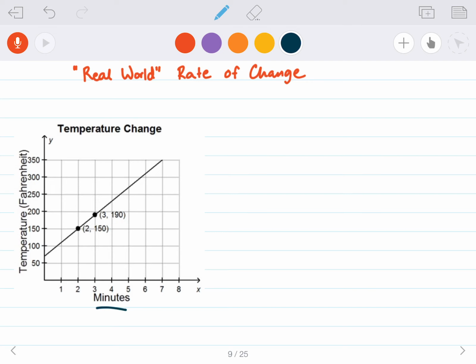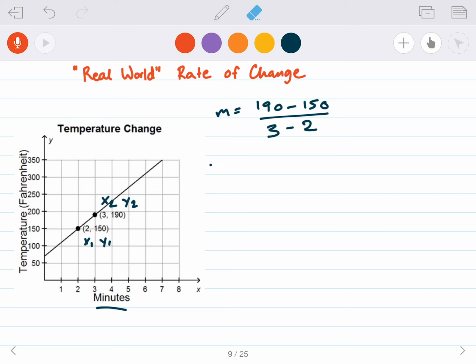Now, to figure out the slope, you can just see what 190 minus 50 is, and see what the difference between 3 and 2 is. Or you can use the formula. If I call this point x1, y1, then I'll call that one x2, y2. Using my formula, y2, 190, minus y1, 150, over x2, 3, minus x1, 2.